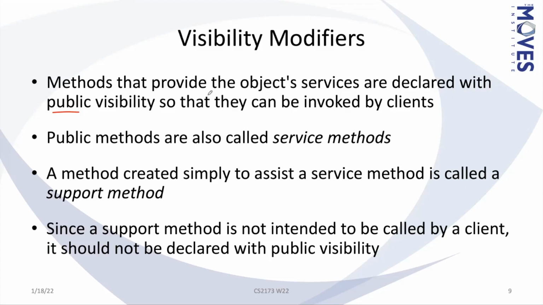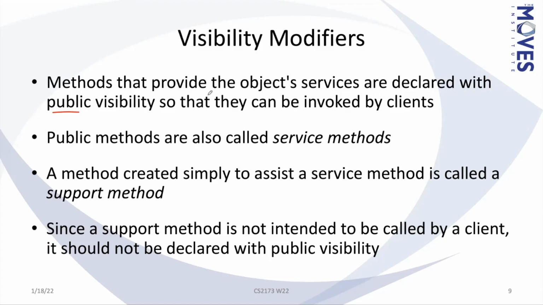Within a method, there might be some kind of complex calculation that you have to do. And so rather than putting all of that in the middle of some other logic in a method, I'll typically take that complex calculation and move it to a private support method.